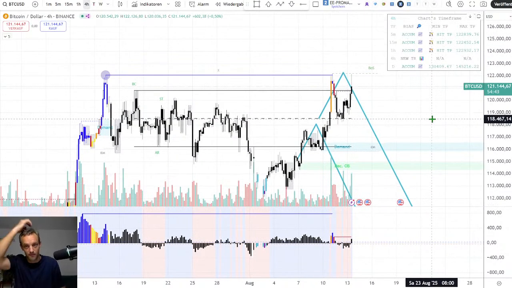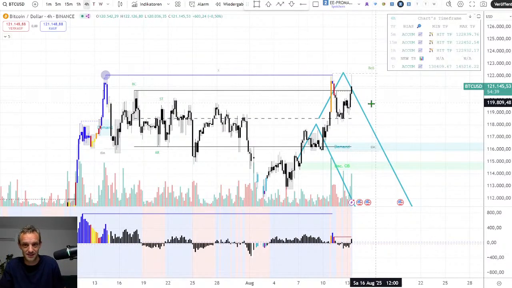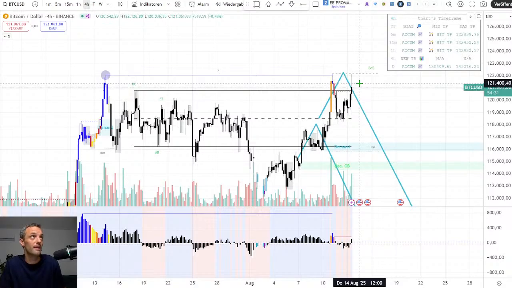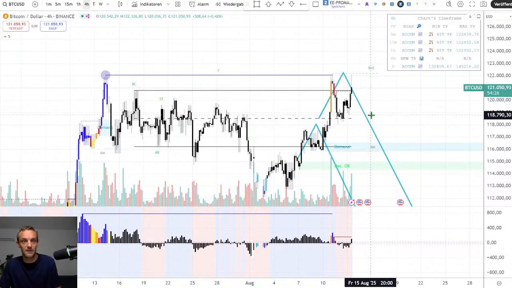We can look for short trades. Of course, don't trade against this very strong trend. I mean, you can trade it if we have the confirmation on lower time frames. Of course, then this can be possible.